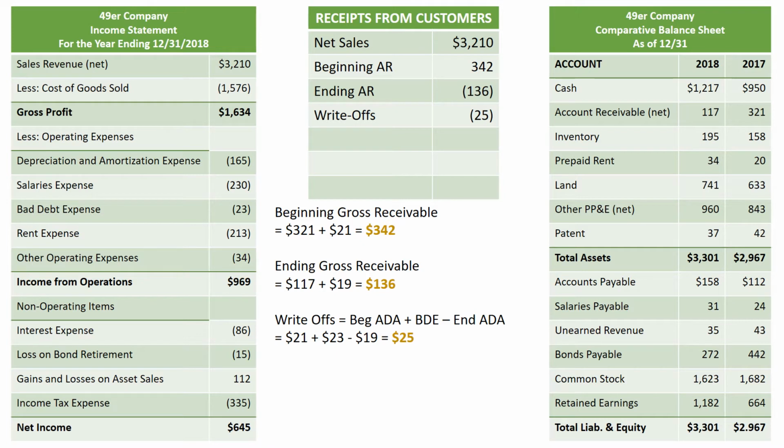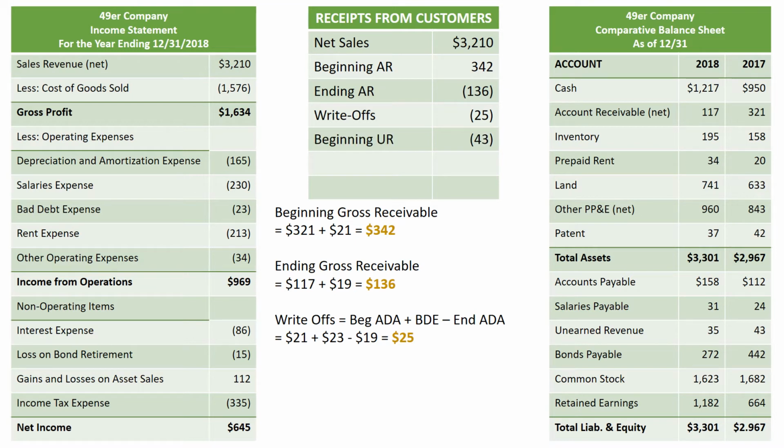And so we need to figure out what the impact of the write-offs are, because it's a decrease to our receivable that did not result in a cash flow. And so we need to make sure that we subtract that off of our receipt from customer number. And so the beginning balance for the allowance for doubtful accounts was 21. The bad debt expense on our income statement is 23. And the ending balance, we were told, was 19, which means that our write-offs were $25. And so those are subtracted from net sales in order to get our operating cash flow, our receipt from customers.